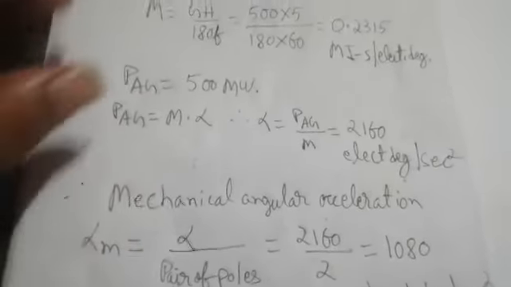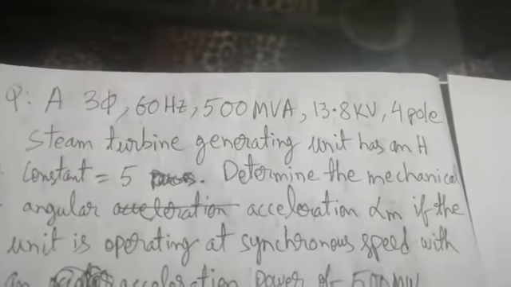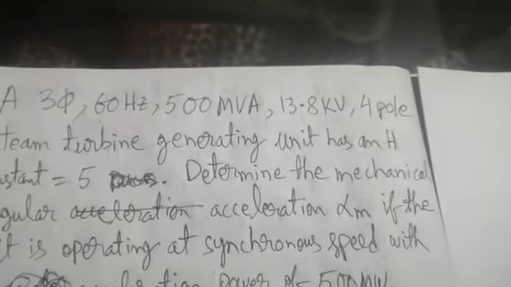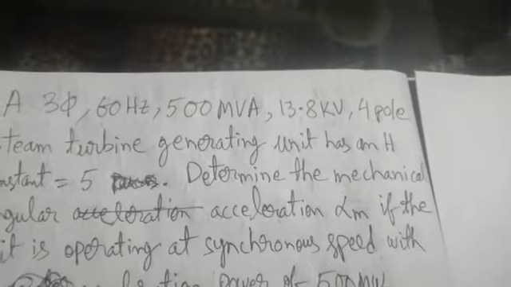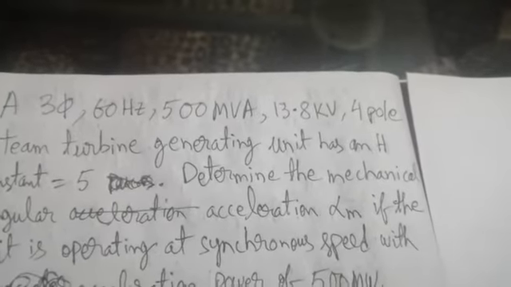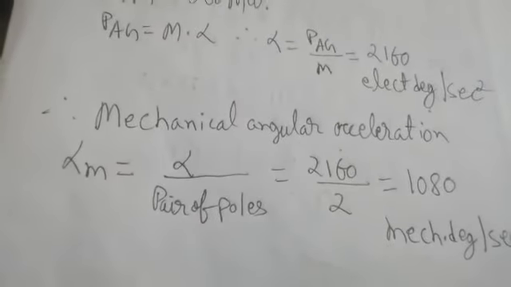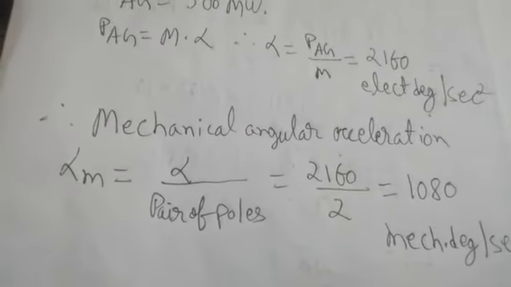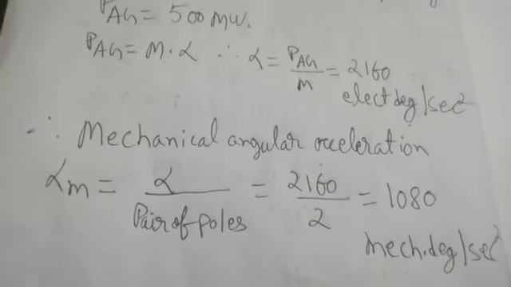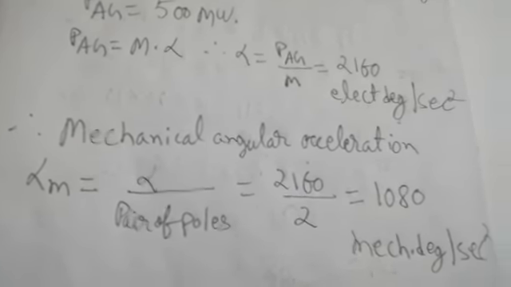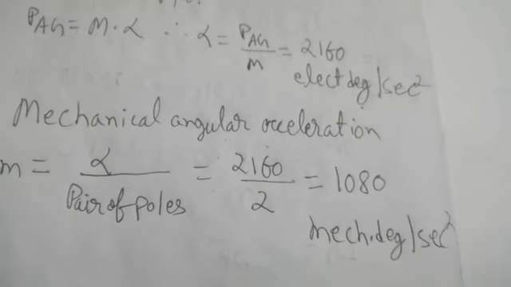Now in this numerical they are saying that there is a steam turbine generating unit, but it is of 4-pole. 4-pole means there will be two pairs of poles, isn't it? North, south. So there will be 2 pairs of poles. So pair of poles is equal to 2 and alpha is 2160. So alpha m becomes equal to 1080 mechanical degree per second square.